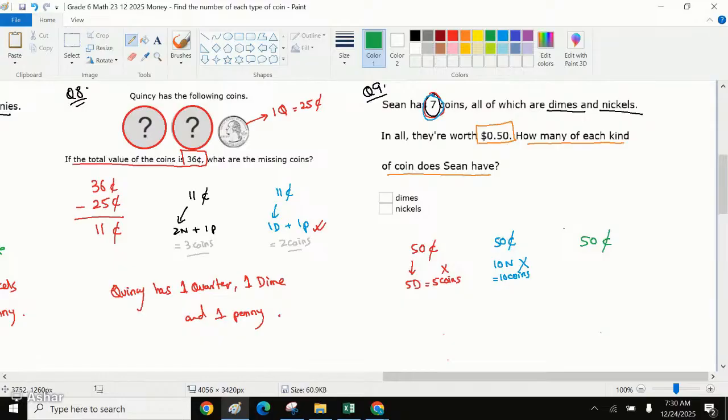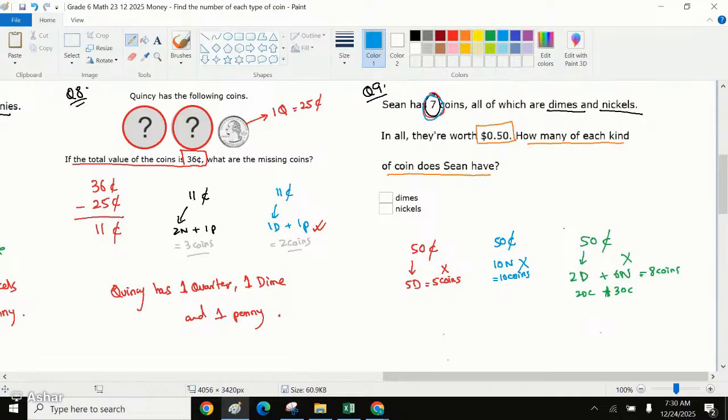For the combination, there has to be dimes plus nickels, right? So if we have 2 dimes, that would be 20 cents. Then how many nickels should be there for 30? There should be 6 nickels. That would be 30 cents. If we add them together, the total is 8 coins, so it's still not possible.